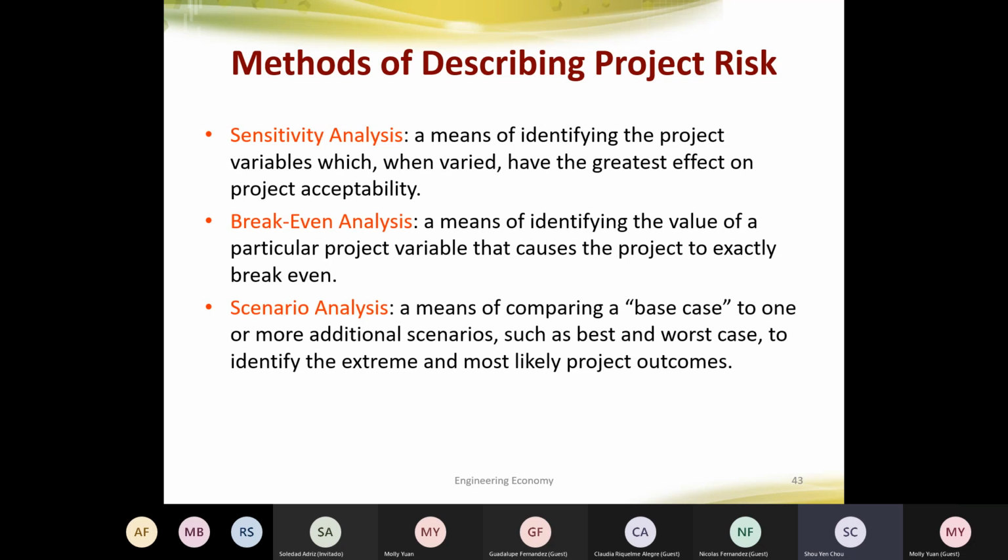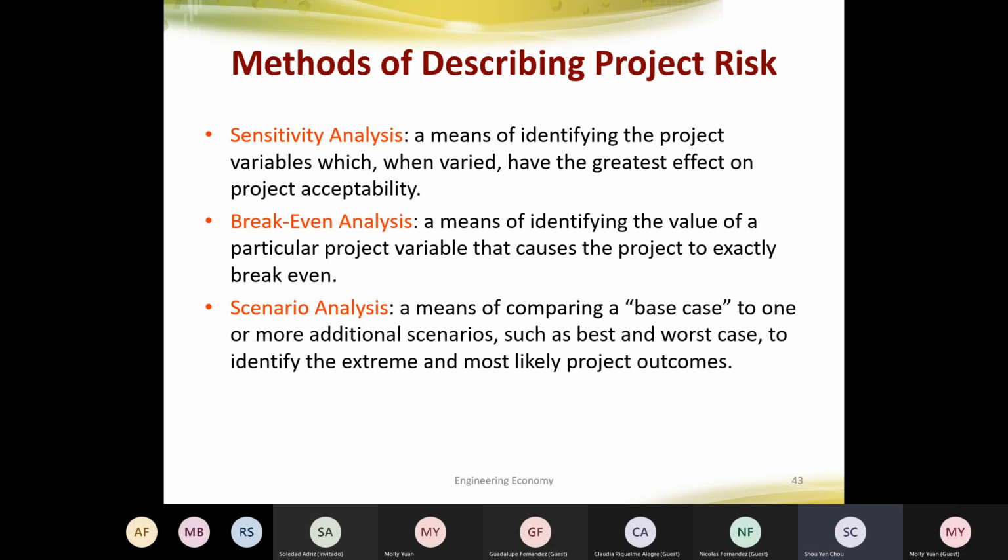It's very simple. We assume everything is constant. However, our estimation could be a little bit optimistic or a little bit pessimistic. So we want to know if the number deviates from the number that we use by a certain percentage, what will be the consequence for the overall profitability.